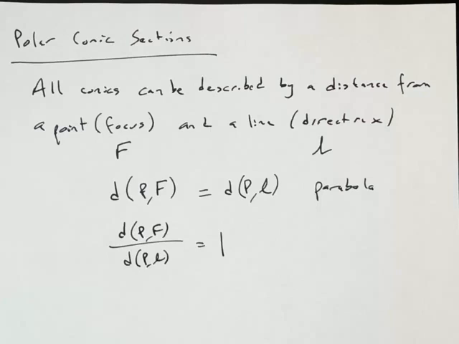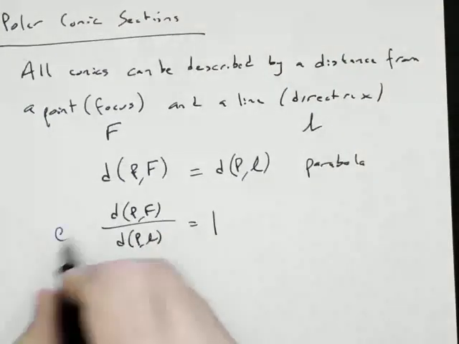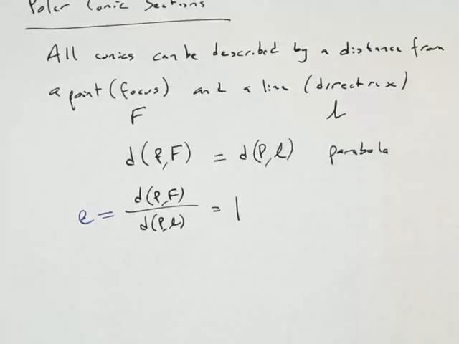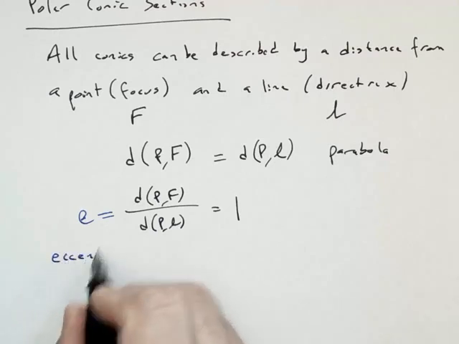If I change that ratio, I get a different picture, right? So let's generalize this and call this ratio E. This is short for eccentricity.